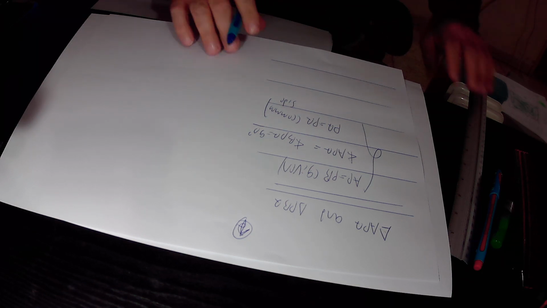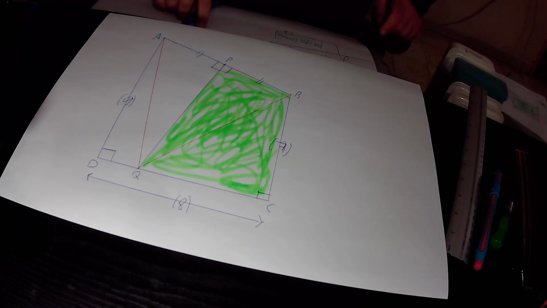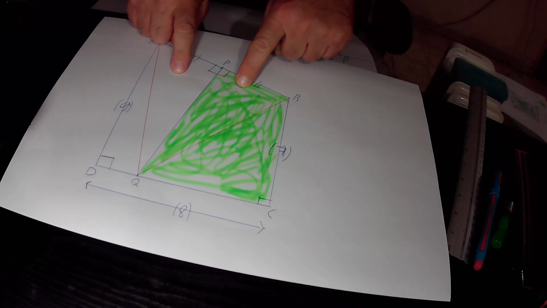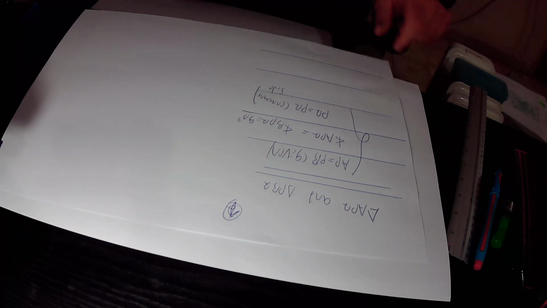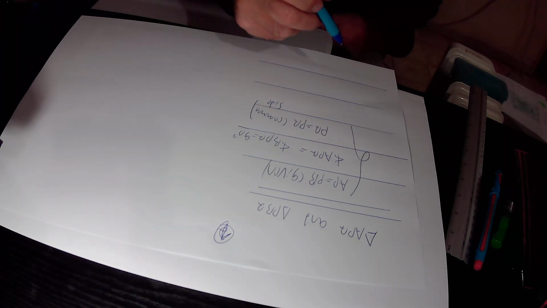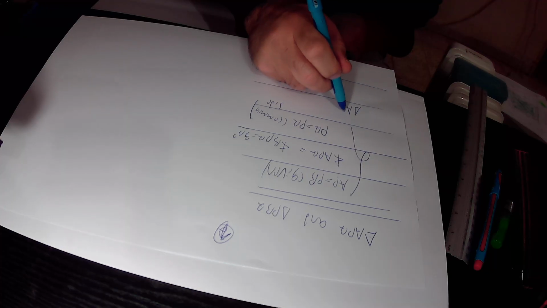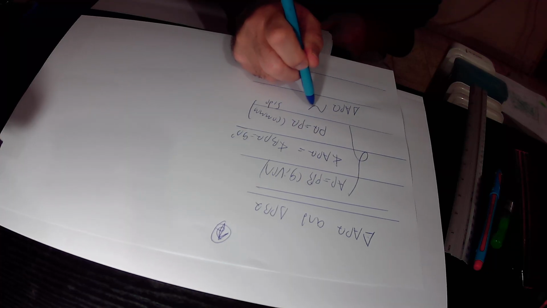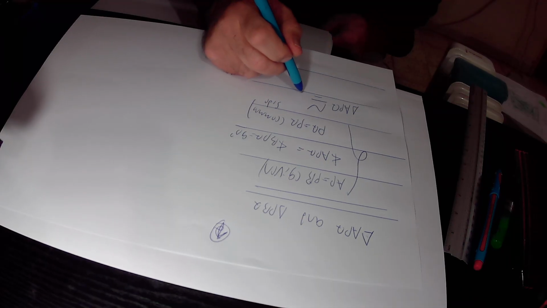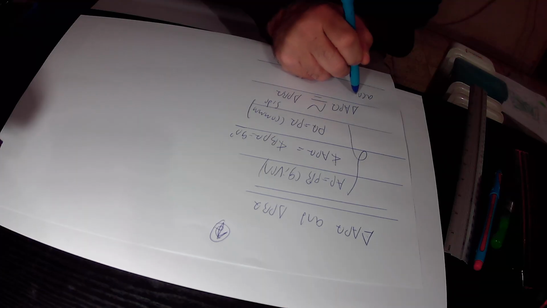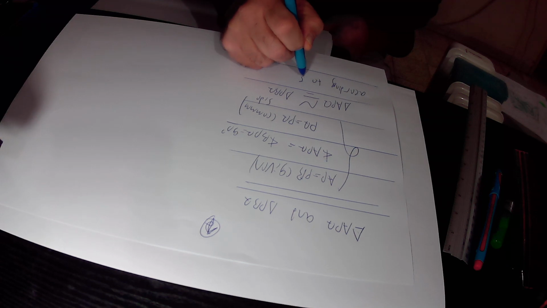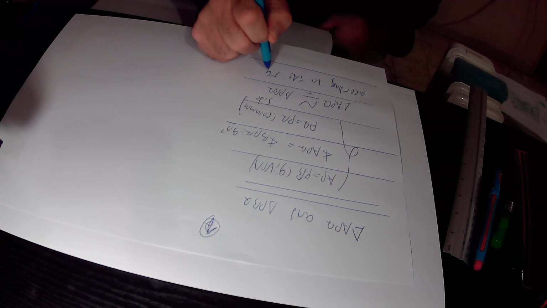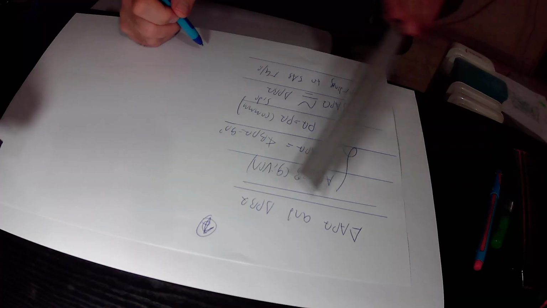In total, we have found out that those two triangles are congruent according to the side-angle-side rule. That is all. The white triangle APQ is congruent to the green triangle PBQ according to the side-angle-side rule.